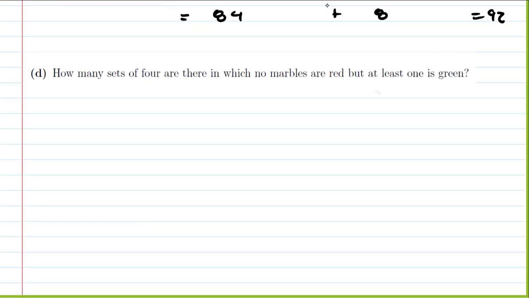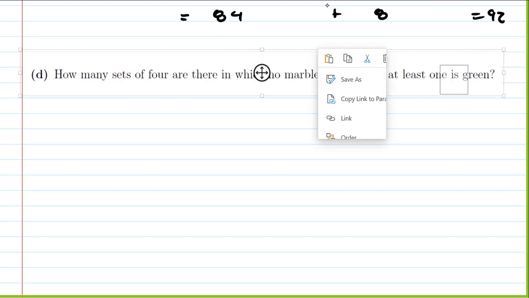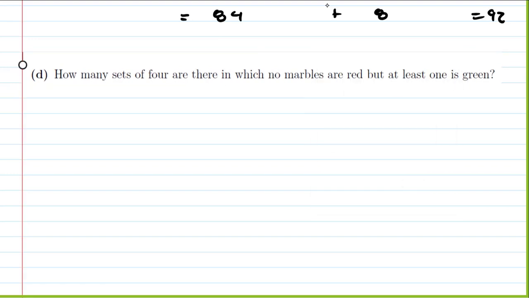How many sets of 4 are there in which no marbles are red, but at least 1 is green? How are we going to set this one up? So we want the sets of 4 marbles that contain no red marbles, but they have at least 1 green.